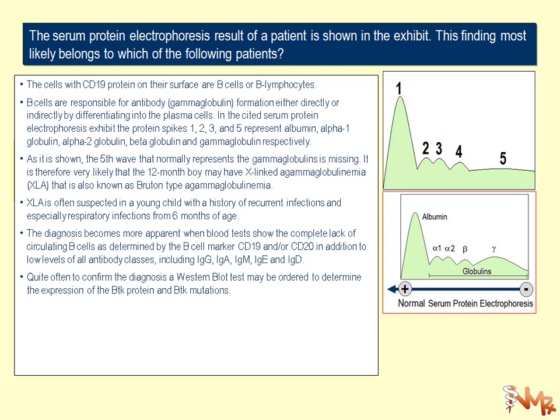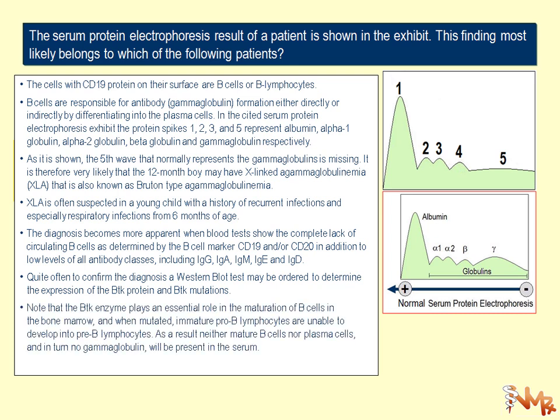Quite often, to confirm the diagnosis, a Western blot test may be ordered to determine the expression of BTK protein and BTK mutation. This is the protein which we believe is mutated in XLA.